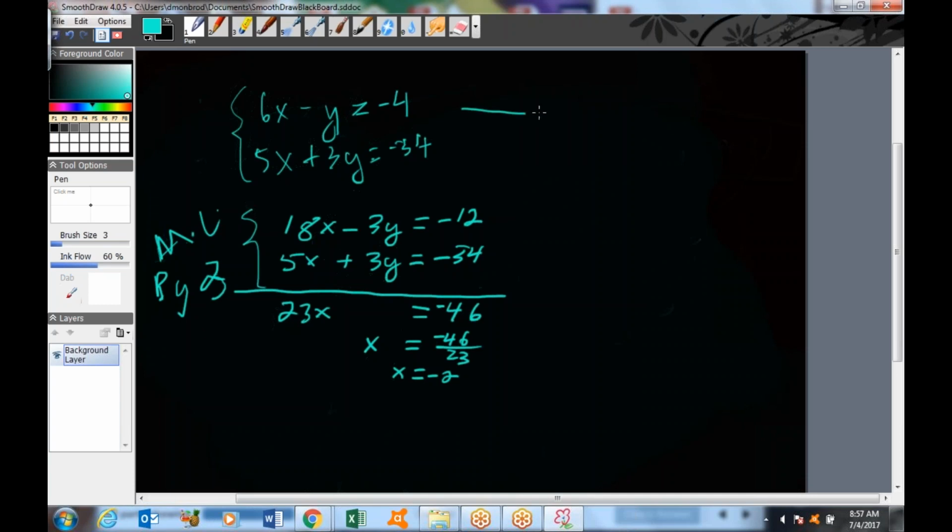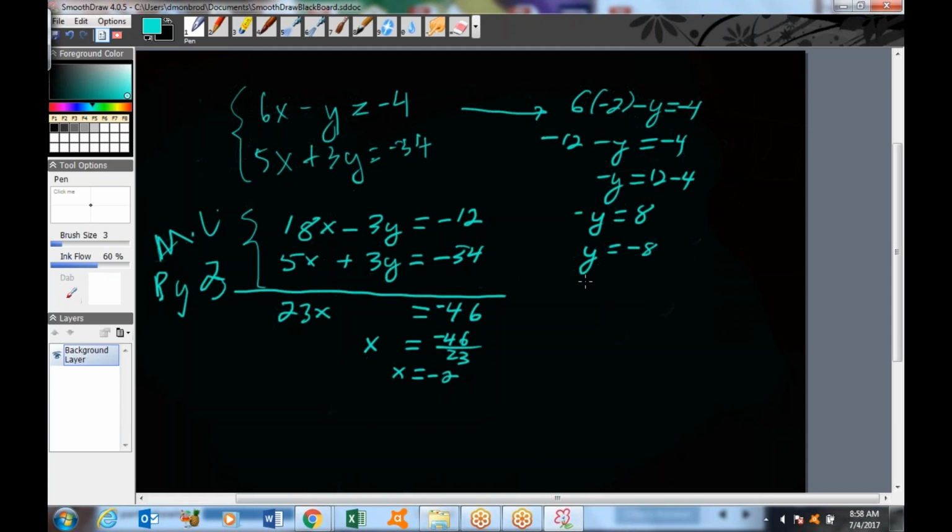Then my second step is I'll go back into one of the original equations and put that x value in. 6 times negative 2 minus y is negative 4. So that makes negative 12 minus y is negative 4. Negative y equals 12 minus 4. I'll add 12 to both sides. So negative y is 8. That means positive y must be the opposite of that, which is negative 8.